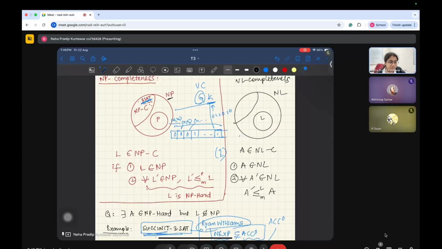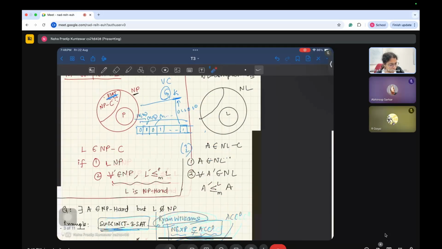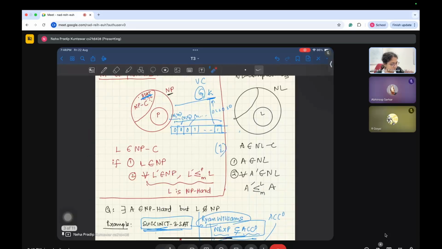There's a Turing machine that uses a logarithmic amount of space and takes an instance of A prime, converts it into an instance of A, such that x is in A prime if and only if phi of x is in A. So you always want to take something smaller whenever you are defining reductions. Okay, so that's the definition.